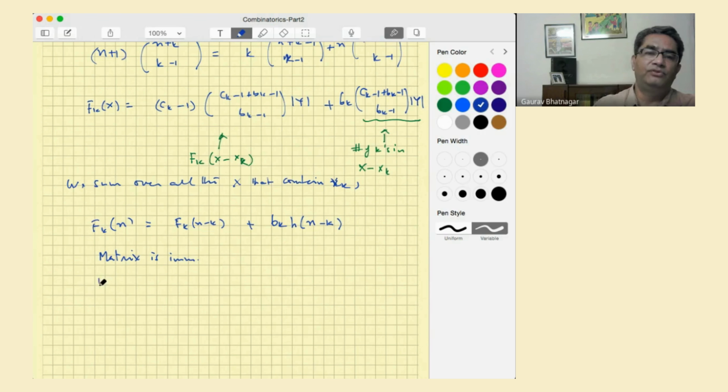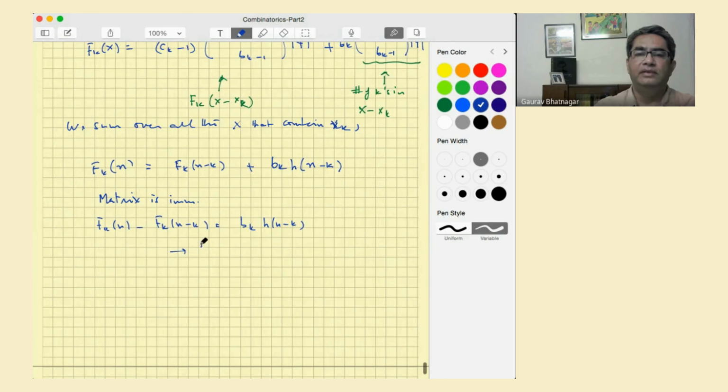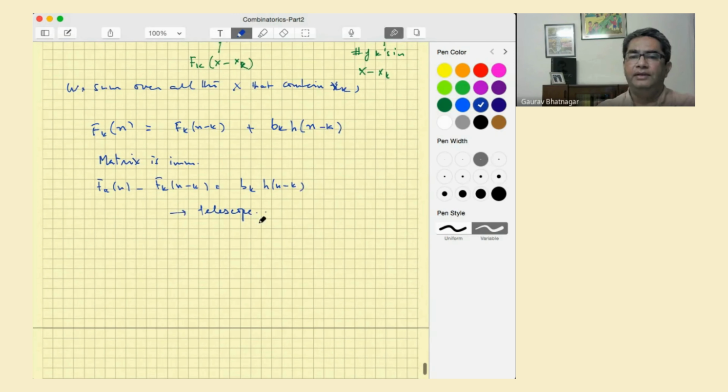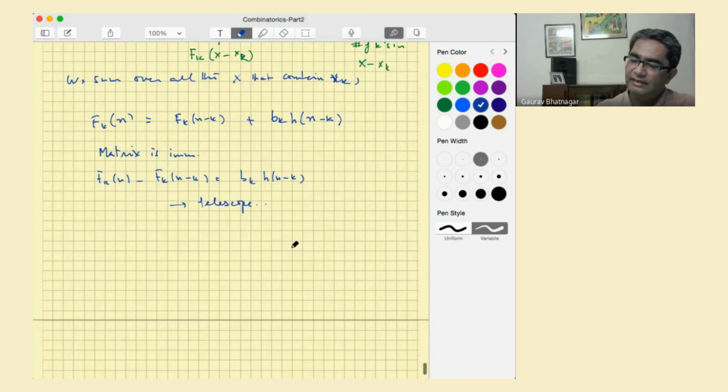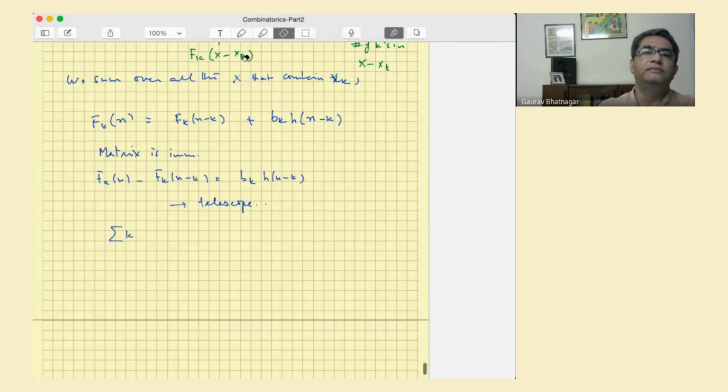So the matrix follows from this: if you do fk n minus k equal to bk h n minus k, and then you sum, telescope it, then you will get the kf. So this is fine, and of course this is also okay. This is also the same, k h k. This follows from the definition.